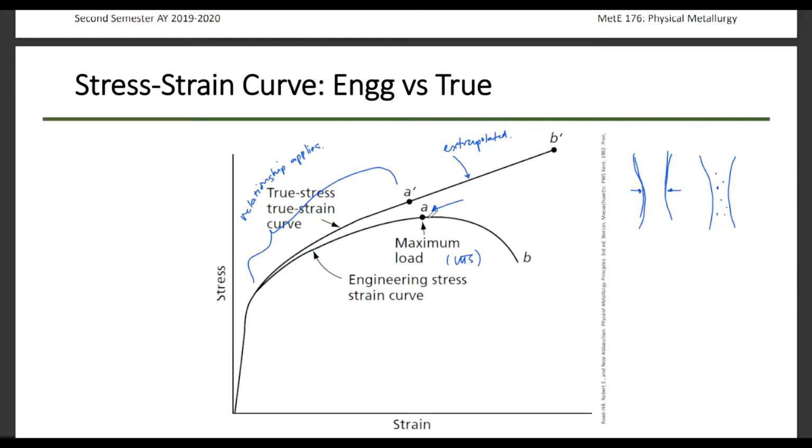That's why anything past the UTS is no longer accurate. The relationship breaks down because at this part the material already has many imperfections. Eventually the area thins further, and those microvoids coalesce and develop into large voids, which lead to rupture at point B.